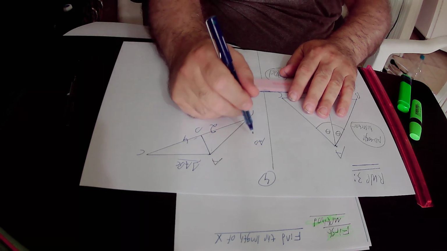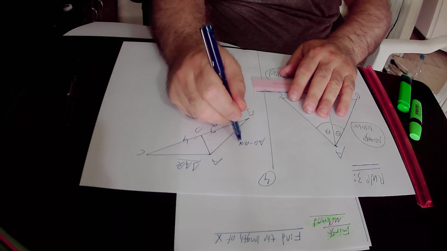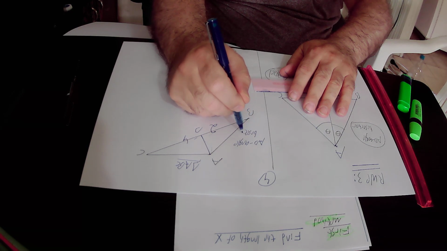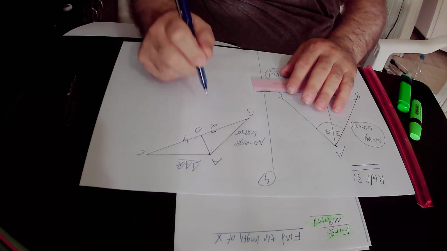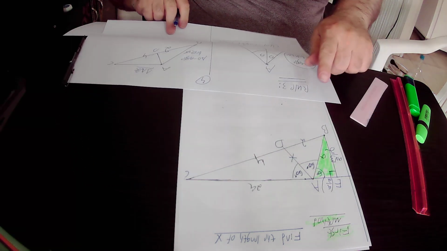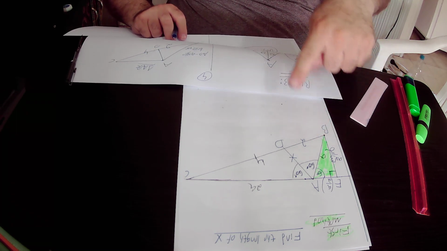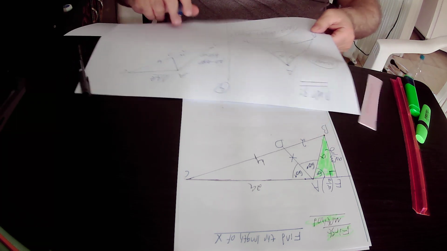So AD is the angle bisector. You can see that AD is the angle bisector because it divides angle BAC into two halves. Each half equals 60 degrees.